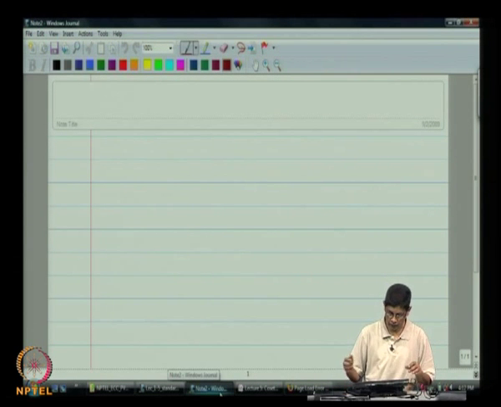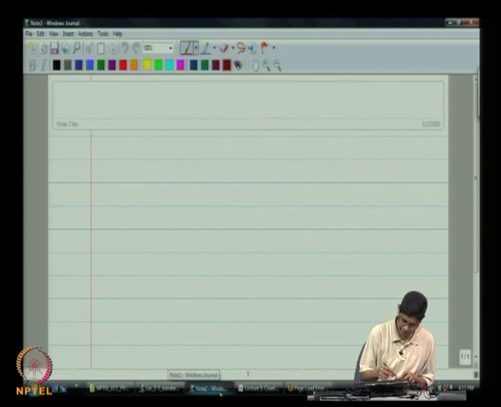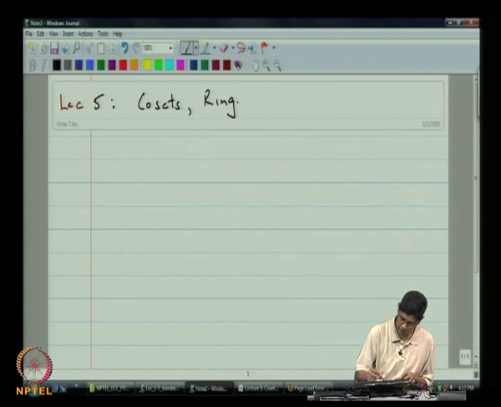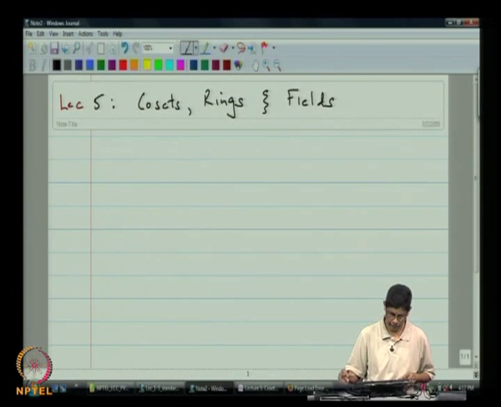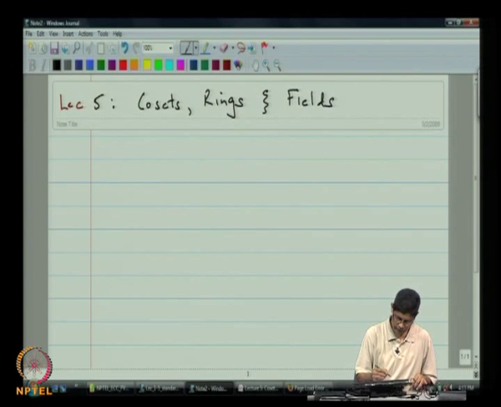So, let me begin now by putting down the title. First, a quick word about equivalence relations.